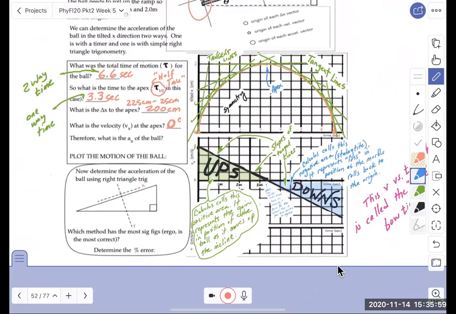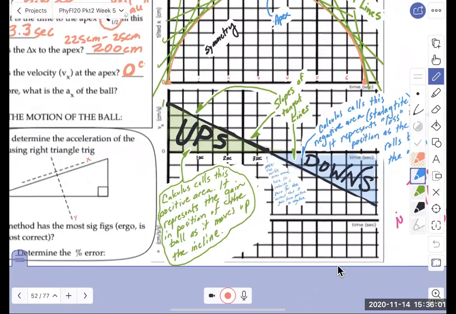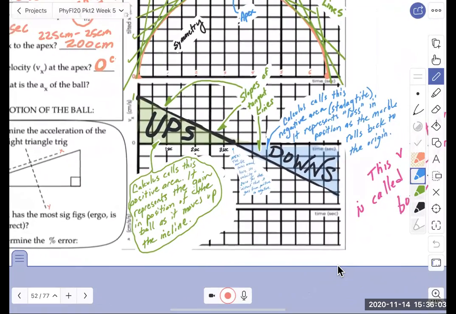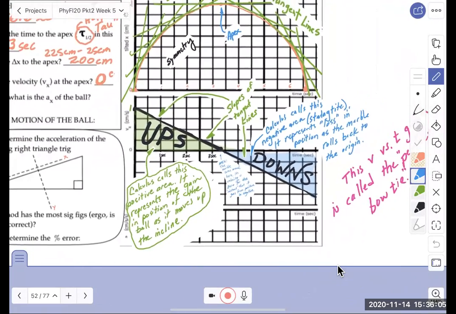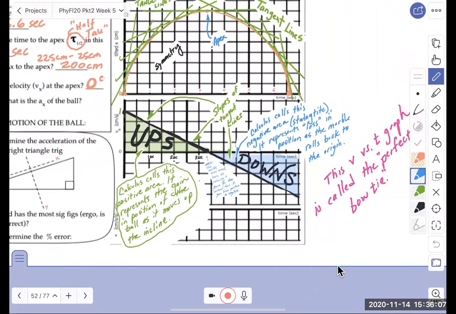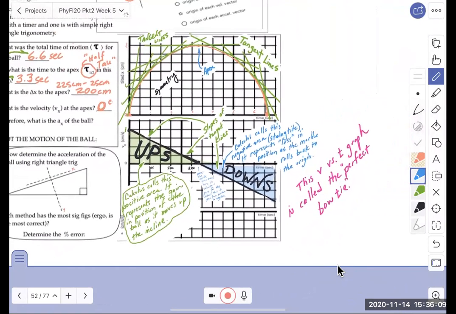Okay, so now it gets a little more complicated. I fill these in, and remember, as you go from a graph above to a graph below, that's slope. But if I go from a graph below to a graph above, that's area. One of my goals here is to find the initial velocity of the marble coming off the ruler.